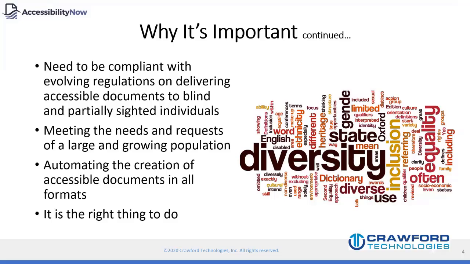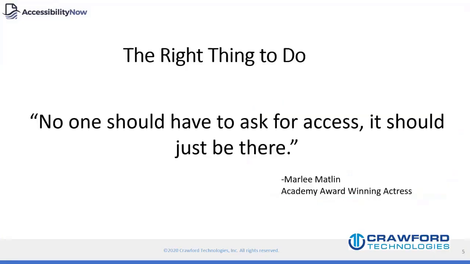But really, the most important is that it is the right thing to do. Every single individual has the right to receive their information in whatever format is best for them, in whatever they choose, in whatever makes it easy for them to ingest that information, those documents, to get access to that information. And in the words of Marlee Maitland, no one should have to ask for access. It should simply just be there.